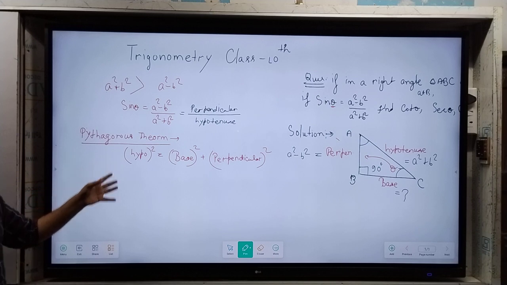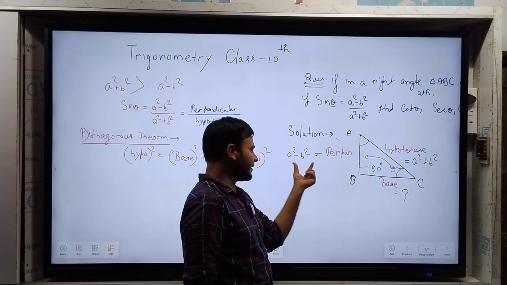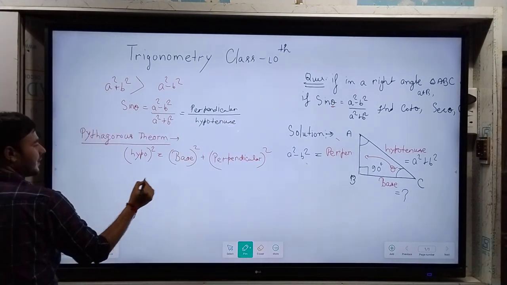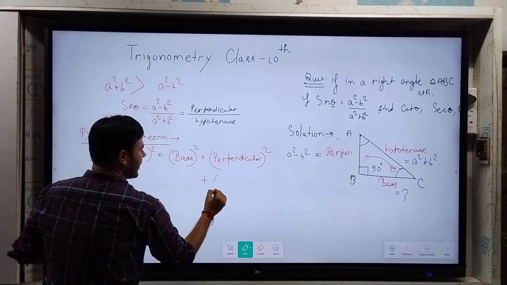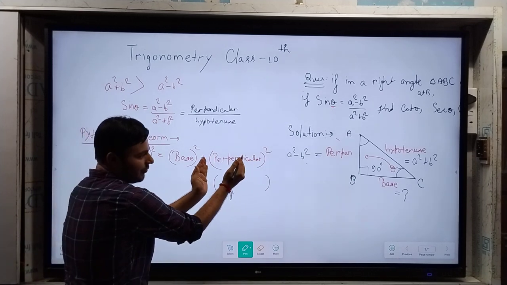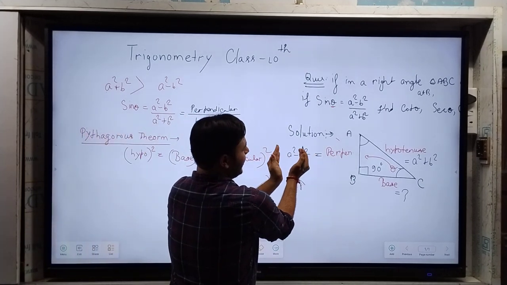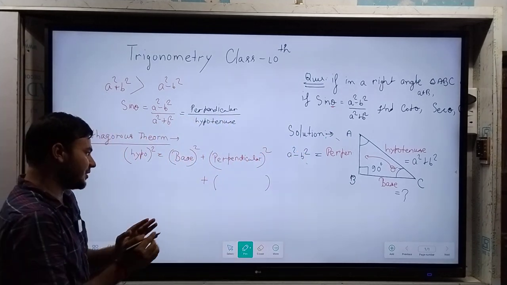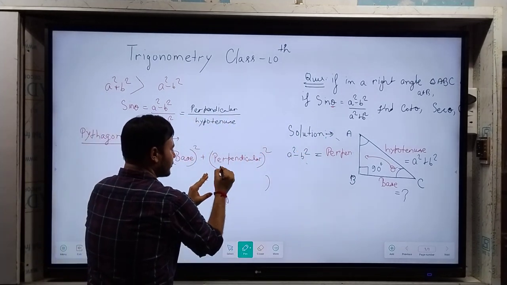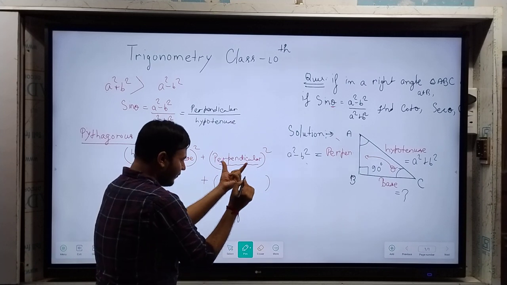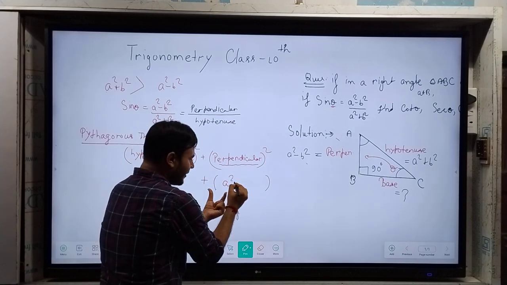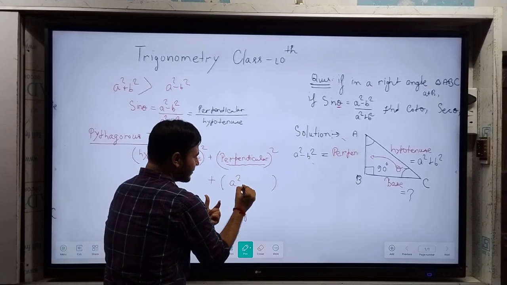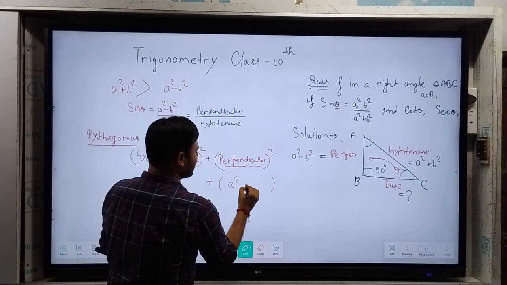Now if we put the value of perpendicular, what is this? A square minus b square. So at the place of perpendicular we can put a square minus b square.